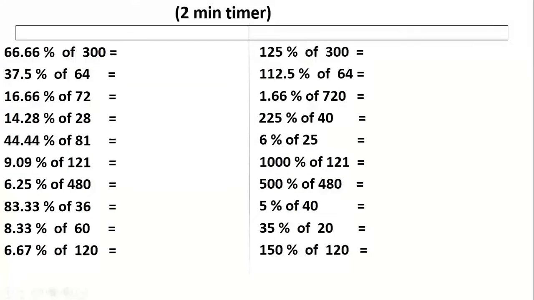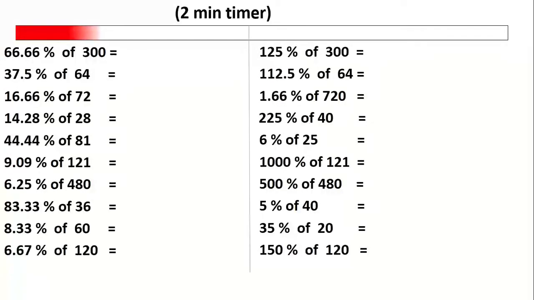You have to solve these 20 questions in 2 minutes. So you can take the screenshot and try these 20 questions with a timer of 2 minutes.